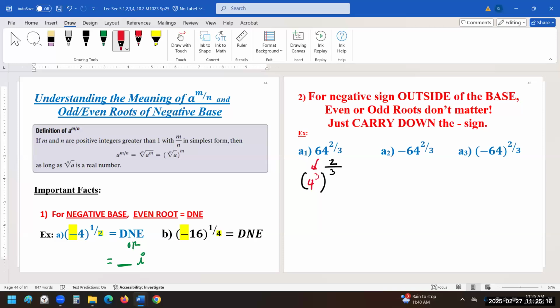So we rewrite 64 as 4 cubed. And we did that because our goal is to cancel the denominator on the outside with the power we have inside. Now we have 4 on the base, but what power do we have on the outside? 2. See this 2? So we do 4 squared. What is 4 squared? 16.